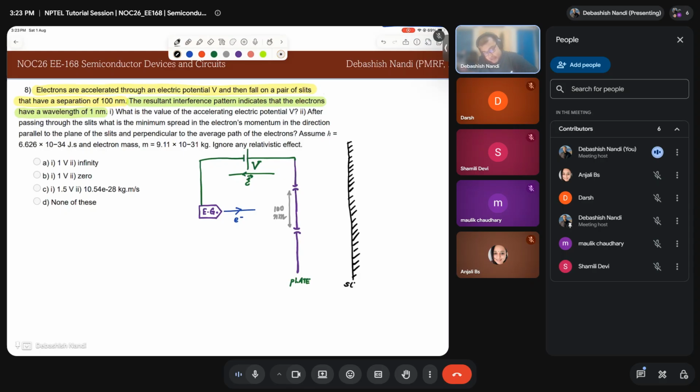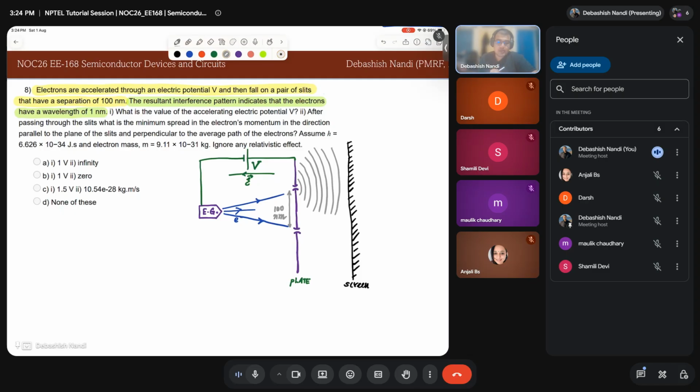Let's say this is my screen where I am seeing the interference pattern. So electrons are getting shot in all the directions. Electrons, as you know, this is the proving experiment for the wave particle duality.